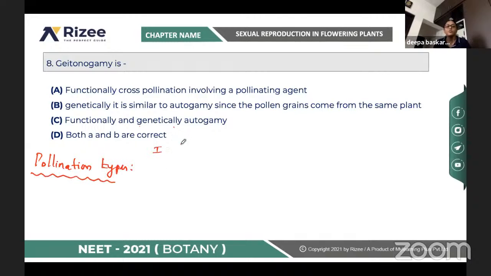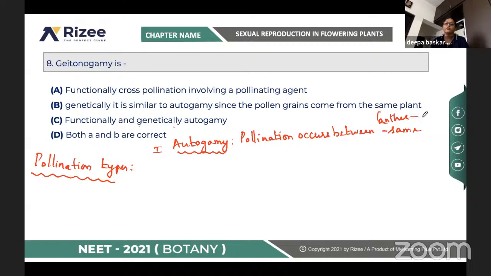Clear? So the first one is autogamy. So what do you mean by autogamy? Here, the pollination occurs within the same flower, that is the anther and stigma meeting happens in the same flower.